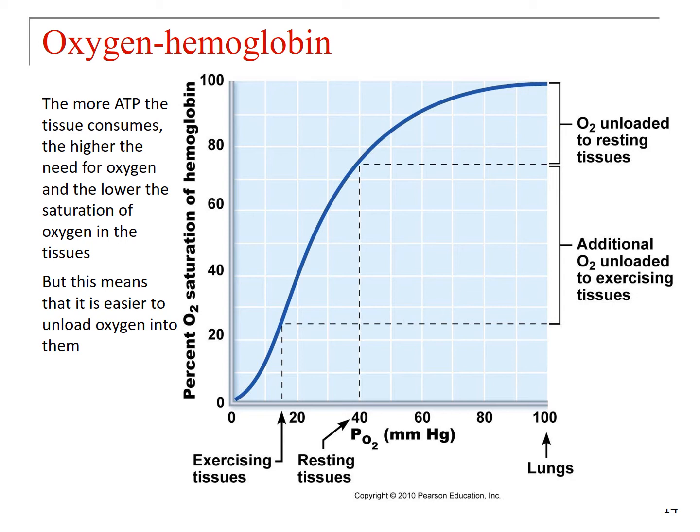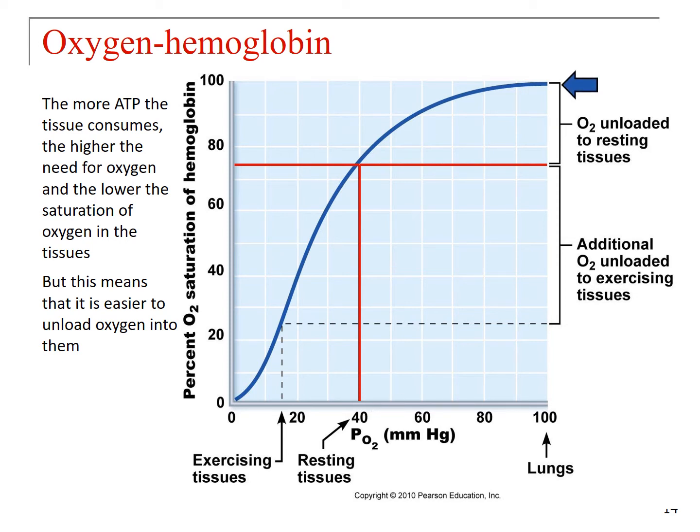So, in exercise, let's take a look at resting tissues first. Resting tissues have a PO2 of about 40 millibars. This means that they're going to have a saturation of about 75%. You can see this from this graph. Now, if we look at the saturation that's present in arterial blood, it's up here at close to 100.